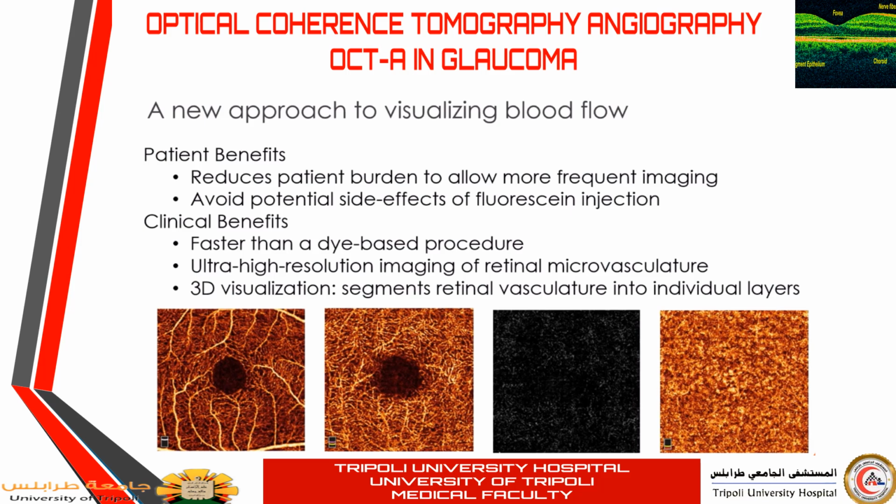As you can see in the images below, the clear appearance of the superficial slab in the leftmost part, and then the intermediate or deeper layer. Then the dark area is the deep layer of the retina, which is avascular. That's why it appears dark. And the last one is the choroidal circulation, which has a special pattern.